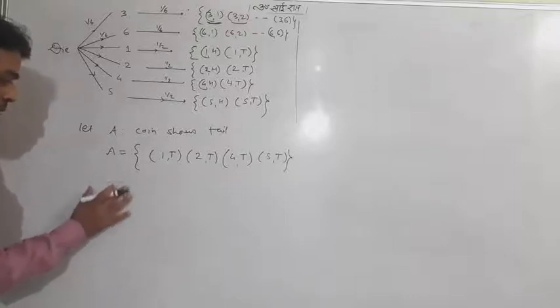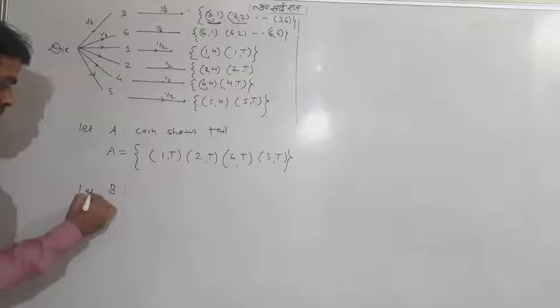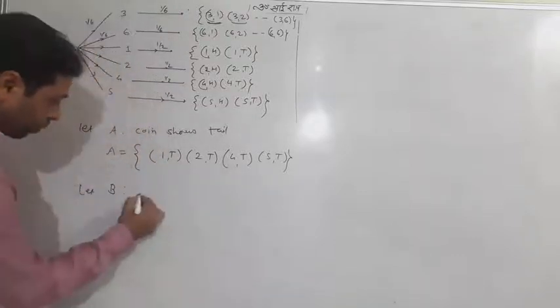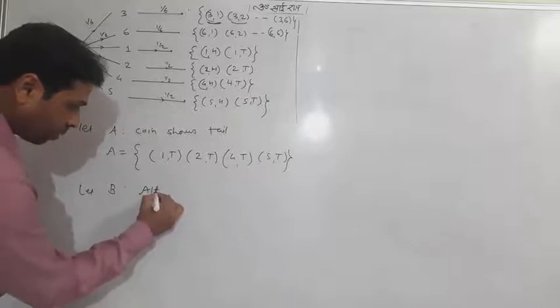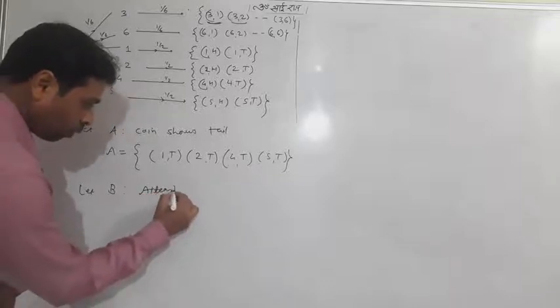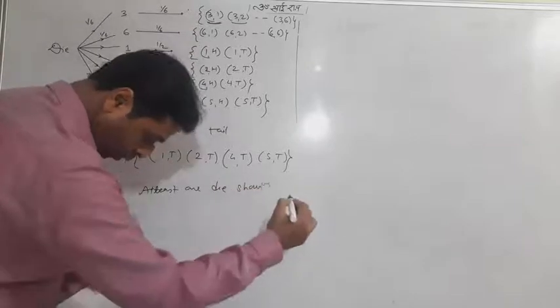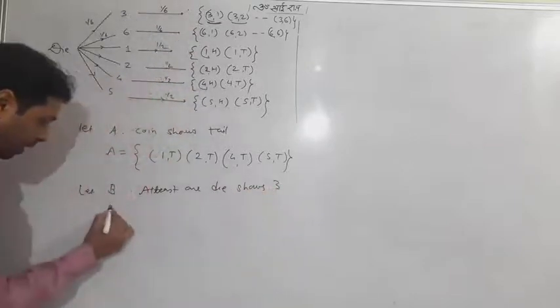What is B? B is that at least one die shows 3. At least one die shows 3. So B is interesting.